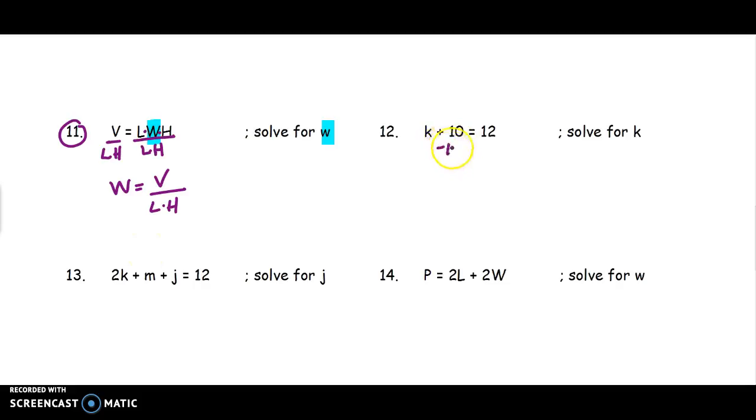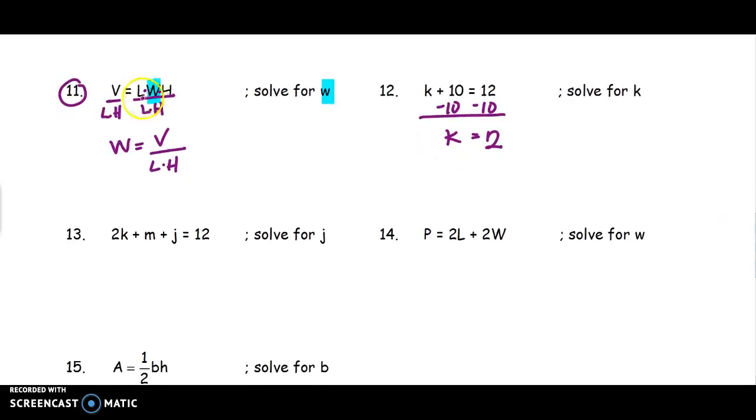12 is super easy. Come on, we can just subtract 10 and get k equals 2. For 13, just like 11, we had all multiplication, so we were able to move LH. Here we have all addition, and we're just trying to get j alone. So we can subtract 2k. A lot of people want to divide, but that would only be if we were going to solve for k.